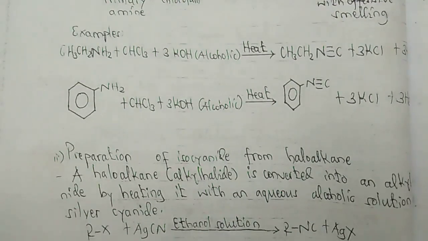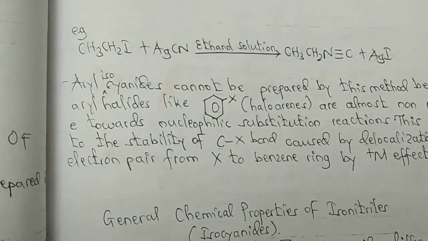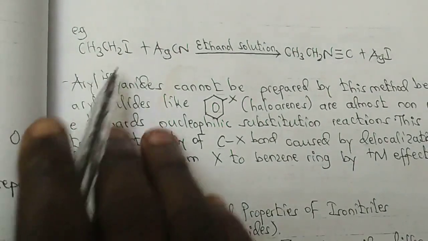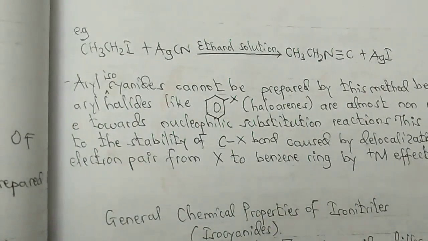So we have haloalkane, then silver cyanide, ethanol solution. We get alkyl isocyanide. Tunakuwa tuna alkane kama ile pale haloalkane na reactisha na silver cyanide, tunapata compound kama ile pale.